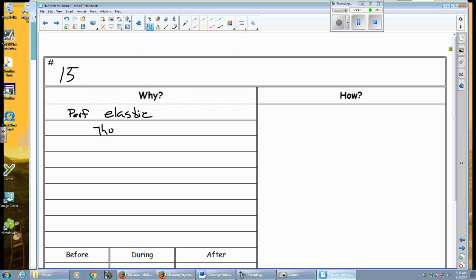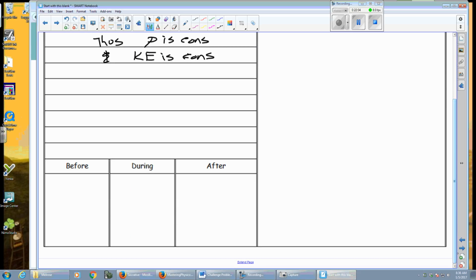Thus, momentum is conserved and kinetic energy is conserved. Got to draw curling stones.